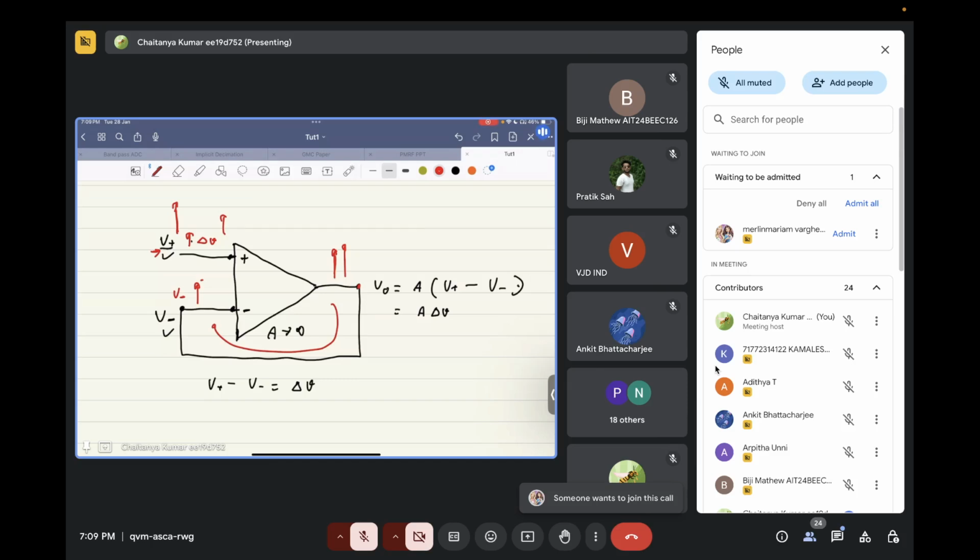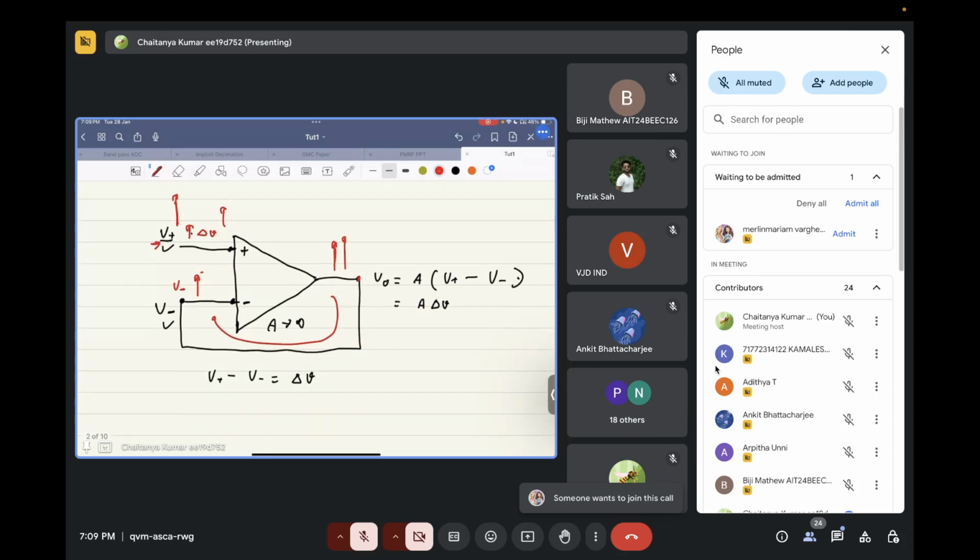This is called the concept of negative feedback. However the positive terminal of the op amp goes, the negative terminal of the op amp will track it.